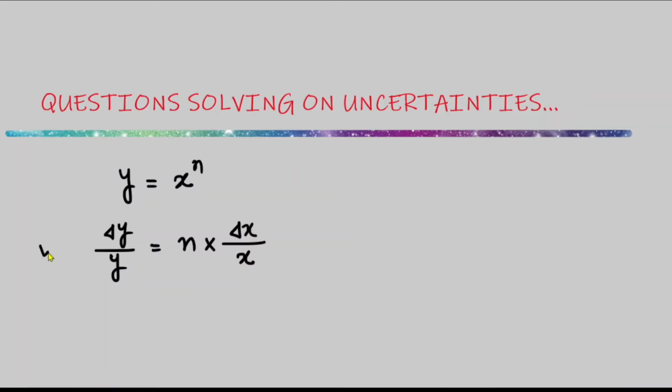So whenever there is a power, that power is going to be multiplied. Either we consider the fractional uncertainty rule or the percentage uncertainty rule. When we say percentage uncertainty, that is percentage uncertainty of y equals n times percentage uncertainty of x.